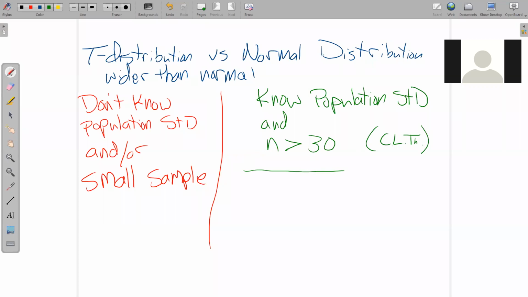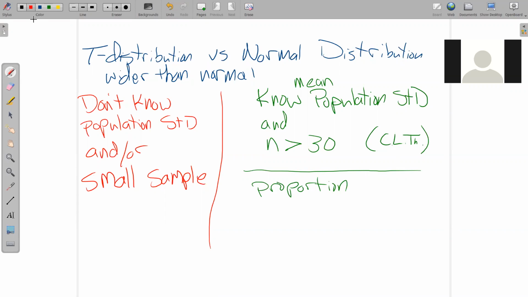Other times we would use a normal distribution is for a proportion. The central limit theorem mainly talks about means, so standard deviation generally goes with a mean. But we could have a proportion, and if it's a proportion, we're also going to use the normal distribution.